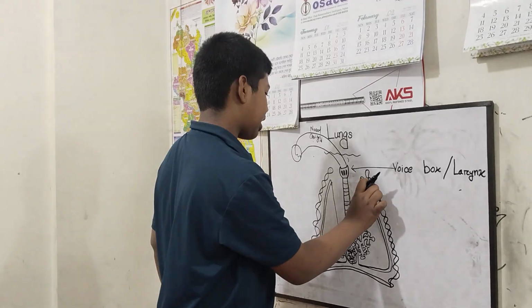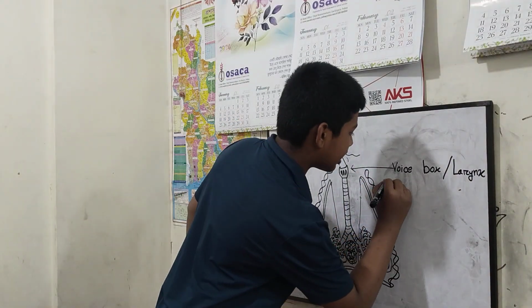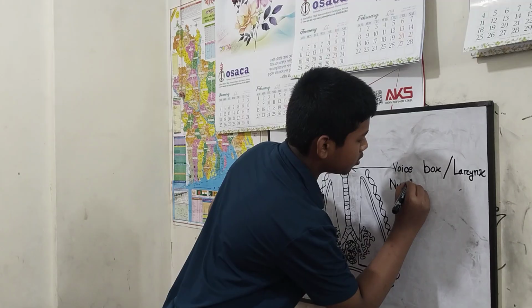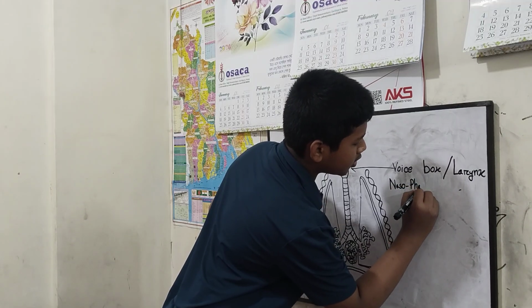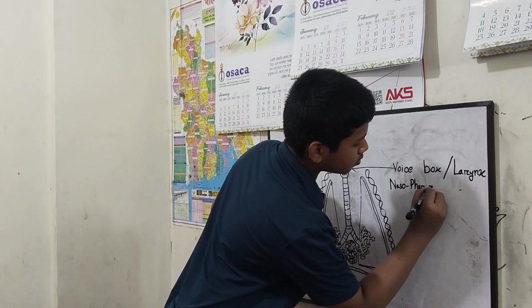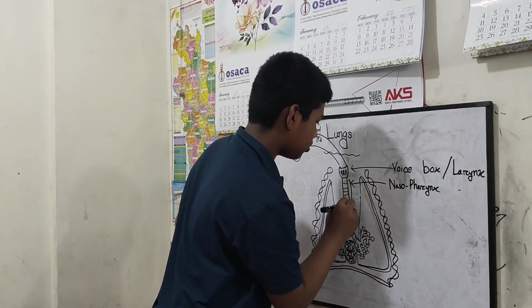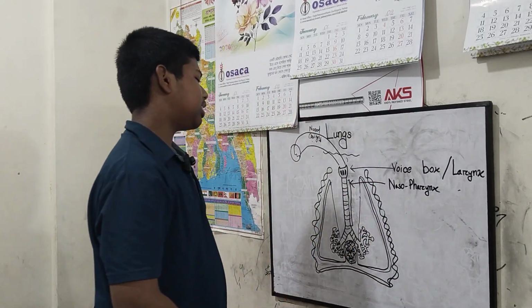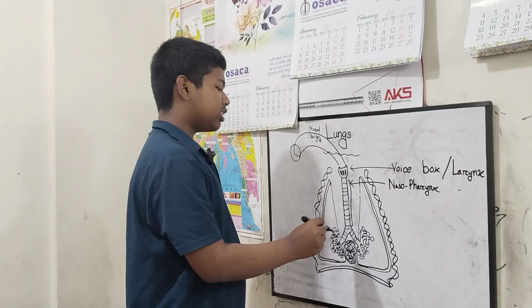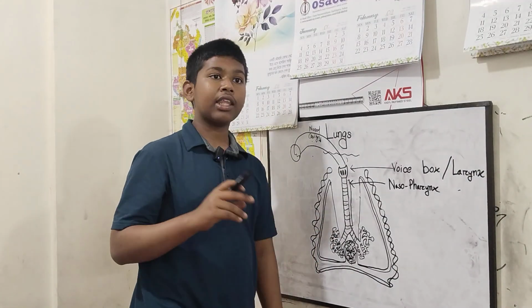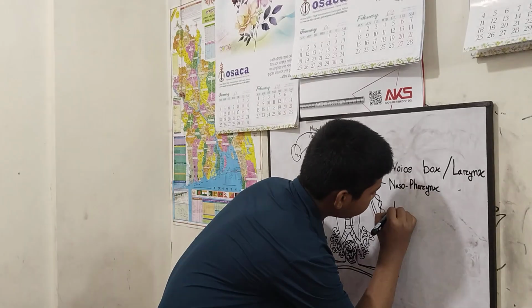Let me write it a little bit more correctly. Nasopharynx. This portion right here. But Avid, you can see that this portion goes to this, but what about the rest of the portion? We have another name for it. That is bronchus.